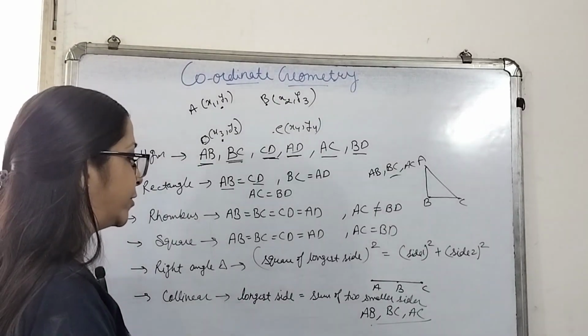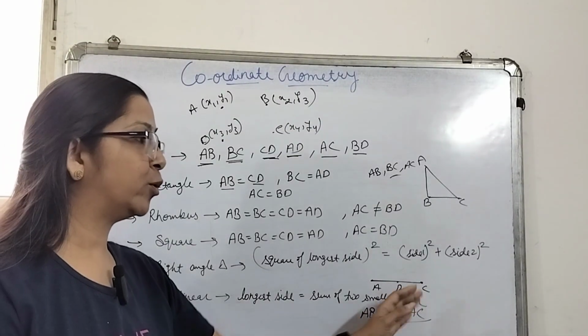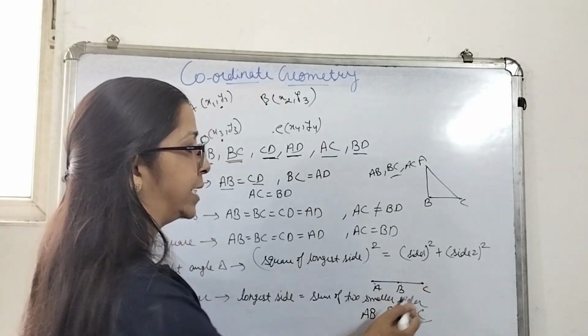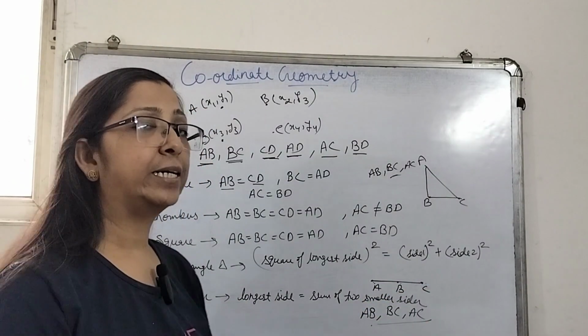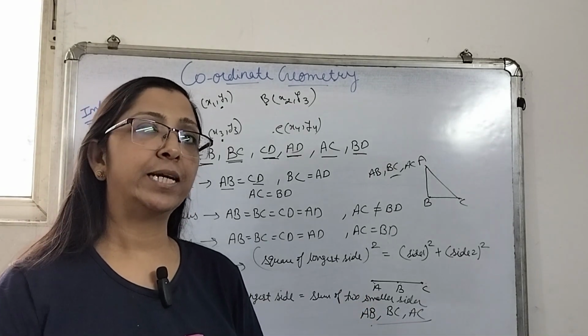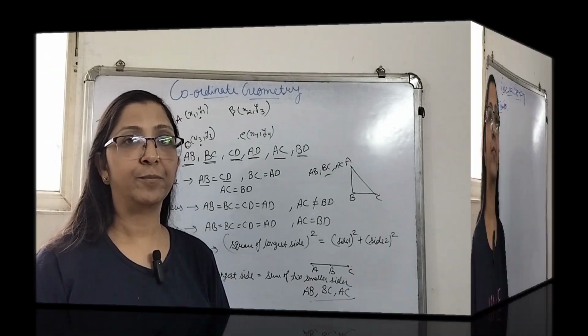For collinearity, if we have to prove that the given 3 points are collinear, we have to find the 3 lengths, that is AB, BC and AC, and if the longest side is equivalent to the sum of the smaller 2 sides, then we will say the 3 points are collinear.